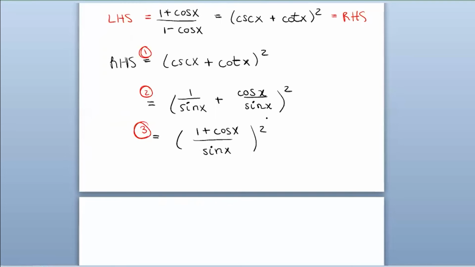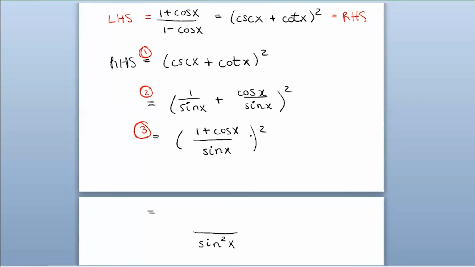And now I certainly am going to have to square it. Once again, look at my right-hand side and look at my left-hand side. I don't have any squared terms over here, so I do need to square this out. So I'm still in step 3, still simplifying. If I square the denominator, I get sine squared.